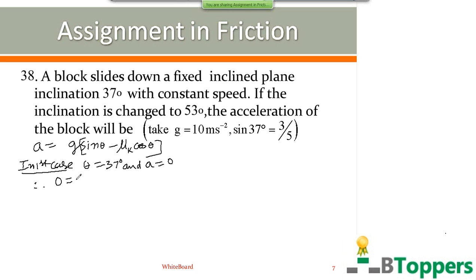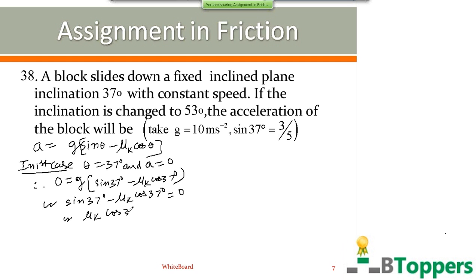Therefore, you can write 0 equal to g into sin 37 degrees minus nu k into cos 37 degrees. But the value of acceleration due to gravity is not 0. Therefore, the quantity in the brackets on the right hand side must be 0. So sin 37 degrees minus nu k into cos 37 degrees must be 0, or nu k into cos 37 degrees equal to sin 37 degrees.